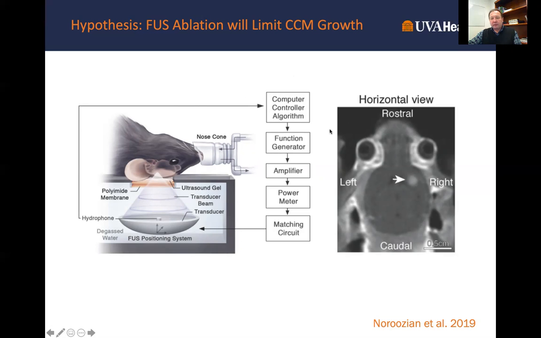It consists of the pattern generator and amplifier that controls the transducer, which generates the focused beam of ultrasound energy that can be focused in a small spot in the mouse brain. The mouse head is shaved, but other than that, intact.